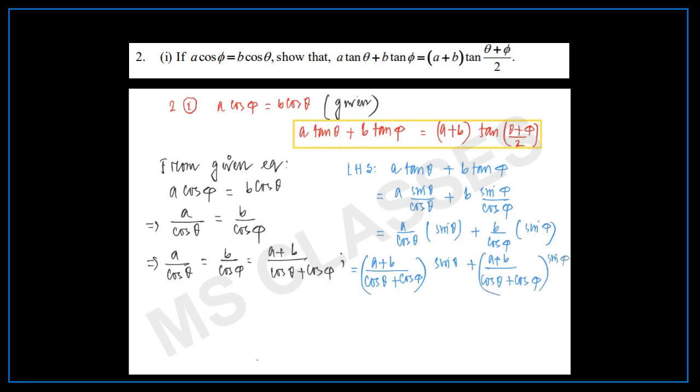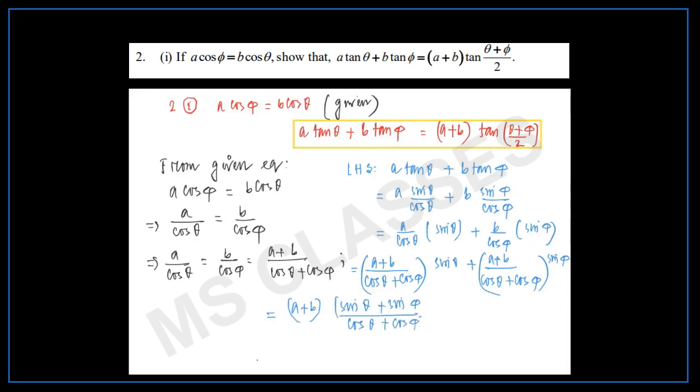Since here also we have A plus B by cos theta plus cos phi, we can take this common and write A plus B. In the numerator, we have sin theta plus sin phi by cos theta plus cos phi.